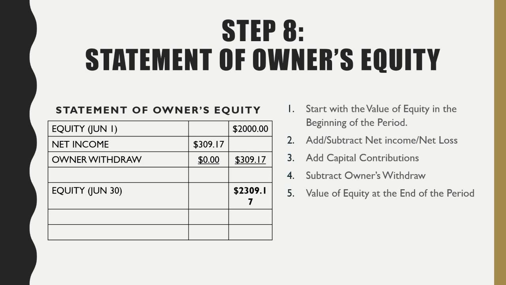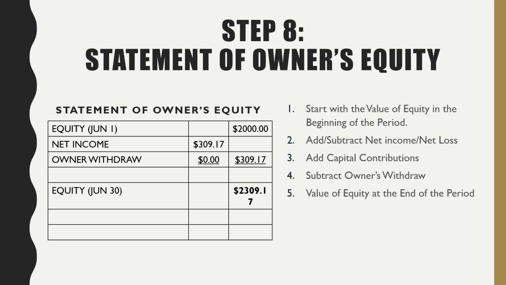Okay. So here, that will determine a brand new total value of your company, right? Because we talked about equity. Equity is the net worth of your company. It's what the company is worth at its standing point. So if I started off with $20,000 or $2,000 and I got a profit, then it's going to increase it by however much your profit is.